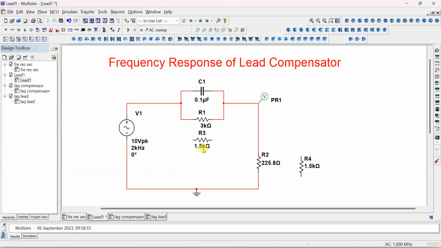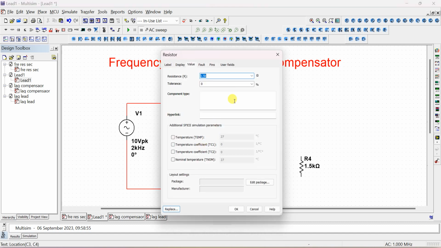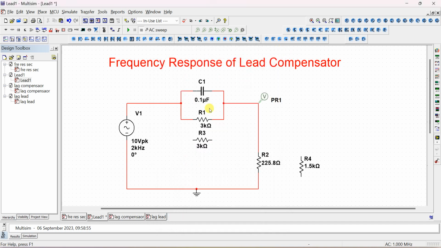Double click and you can change the value to 3 kilo ohm. Like that, you have to place one resistor here, one resistor here. Double click and change the value to 225 ohms.